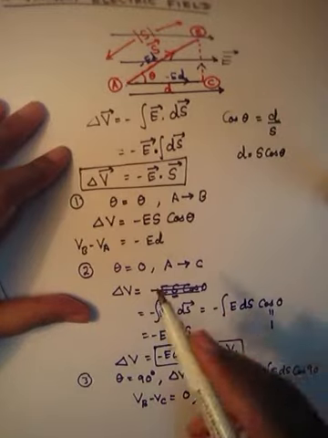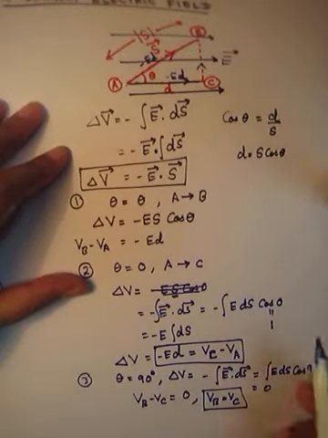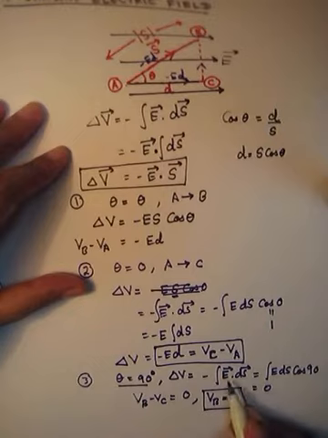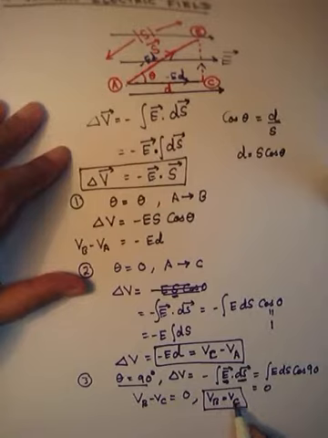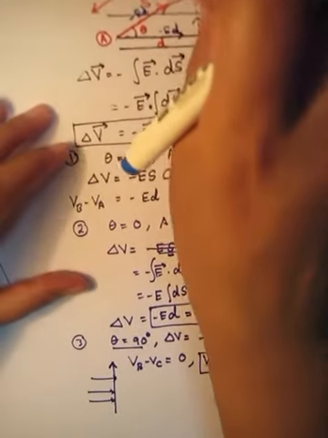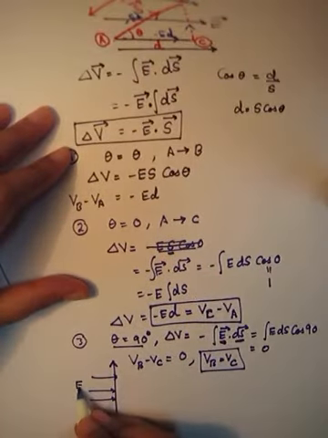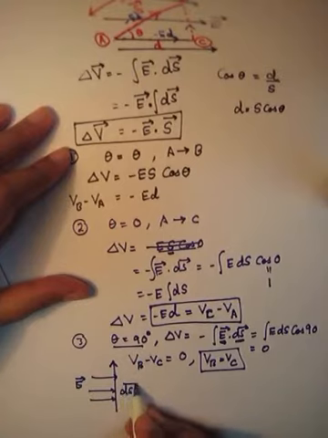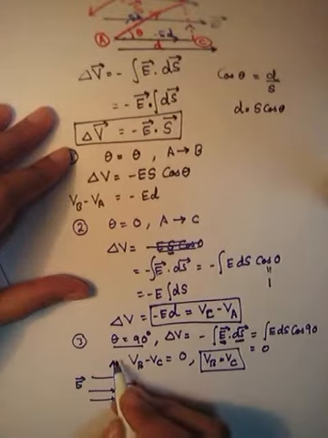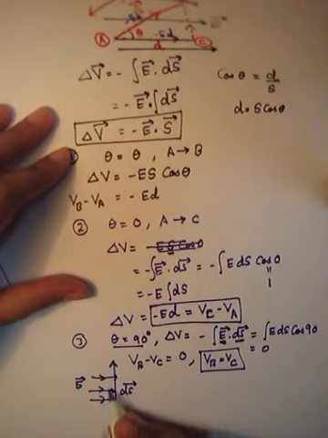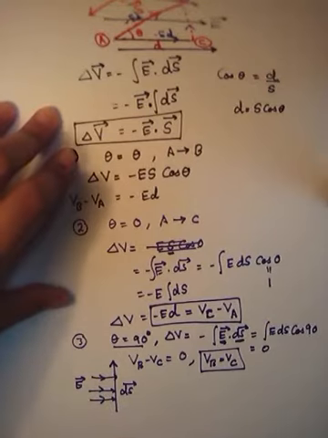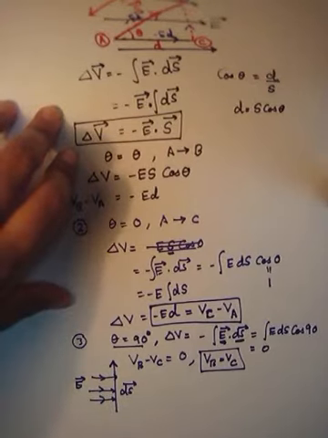So what do we understand from all these results? It means that whenever the motion is perpendicular to the electric field, the potential is constant. So if the electric field is in this direction and the displacement vector is perpendicular to the electric field, then in this case the potential will always be constant.